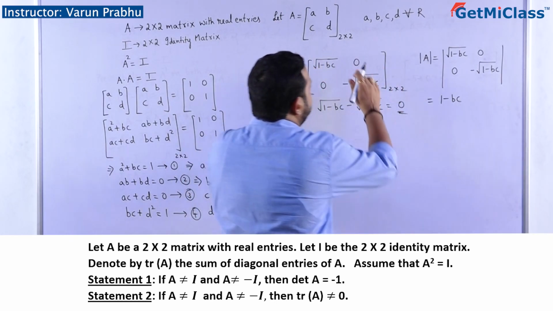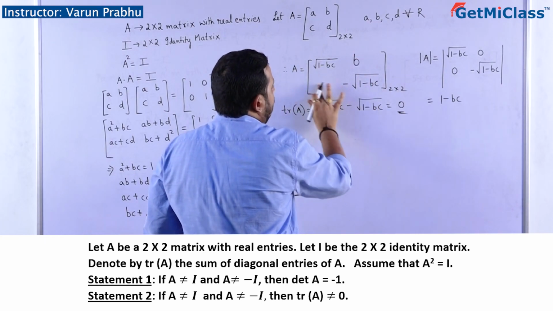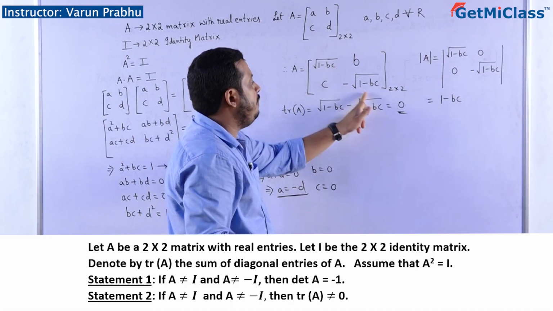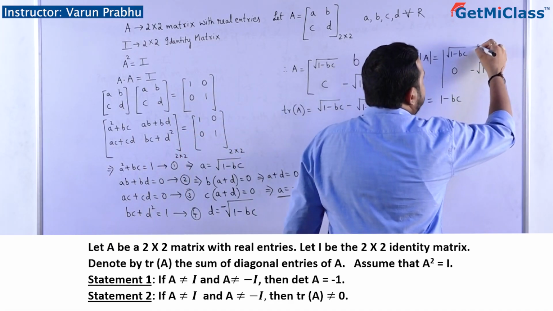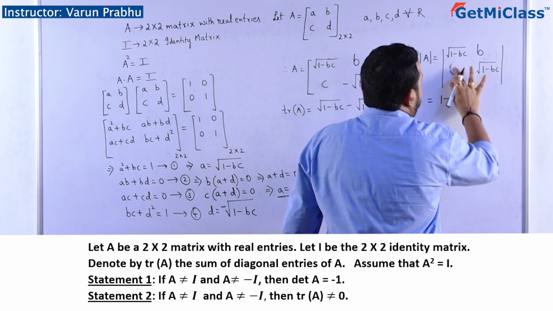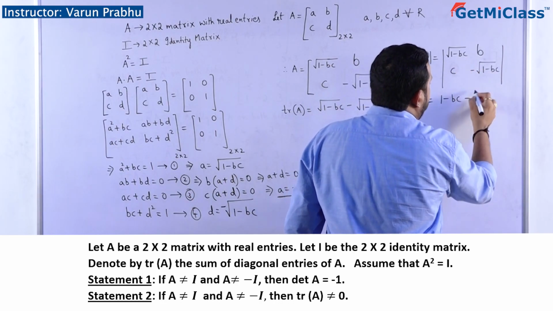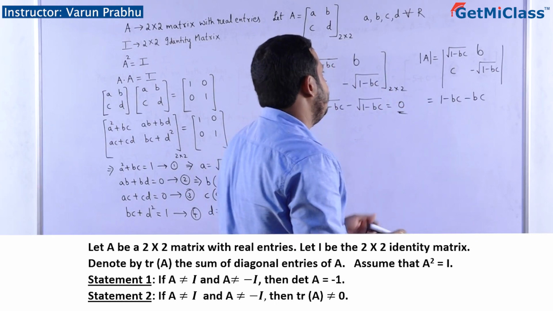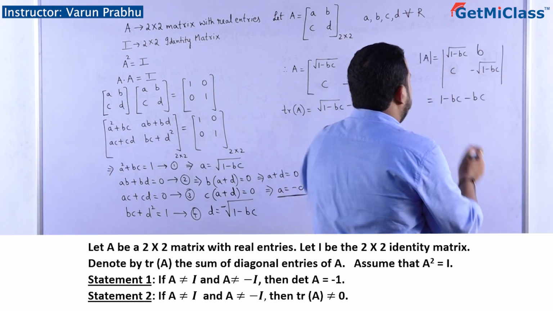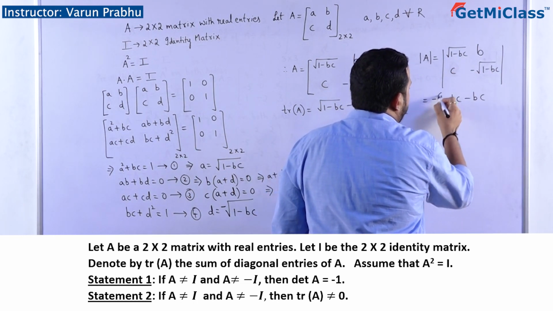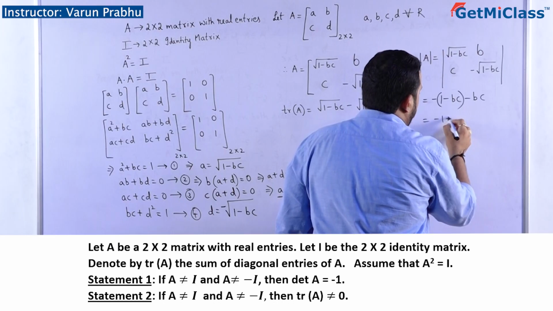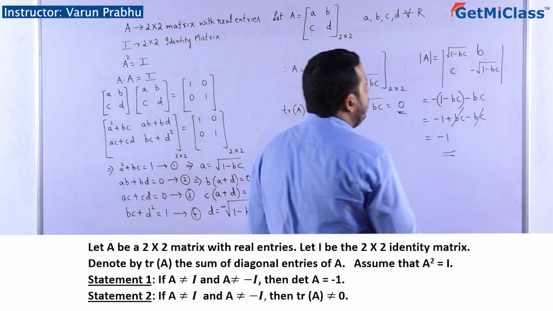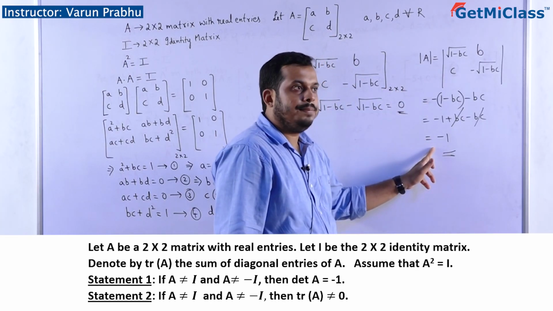If you consider instead of this 0 and 0, if you put b and c only, now look here, then I can write minus bc, root of 1 minus bc. So this is nothing but minus of 1 minus bc, so minus 1 plus bc minus bc. Plus bc minus bc cancels. So determinant of A is equal to minus 1.